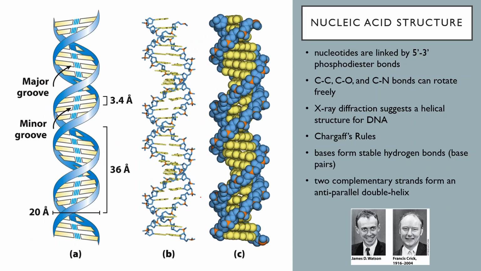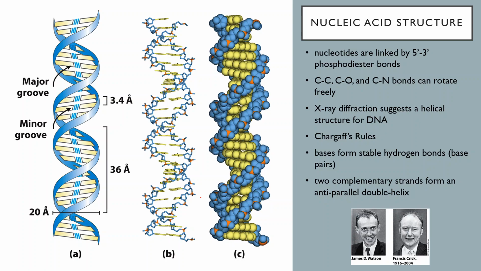Then these two guys, James Watson and Francis Crick, took what they knew about DNA. So knowing how the linear nature of nucleotides linked together through phosphodiester bonds are formed, knowing Chargaff's rules, and knowing they actually worked at the same university as Rosalind Franklin and Maurice Wilkins, they looked at Rosalind Franklin's X-ray diffraction data, and they used that to come up with the DNA double helix.